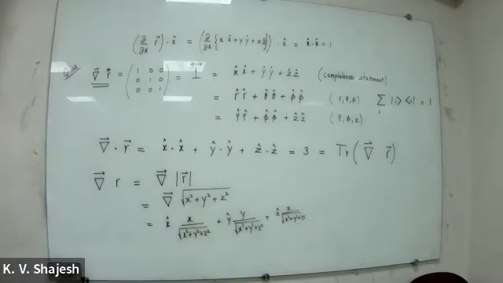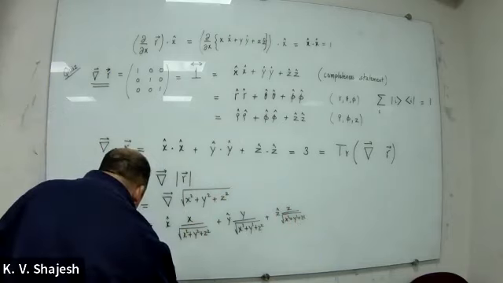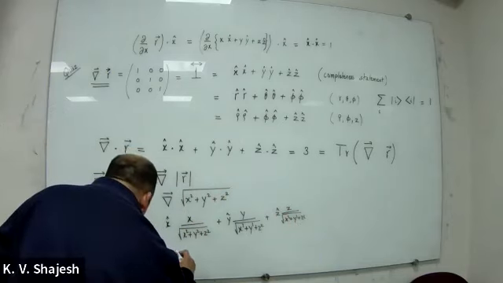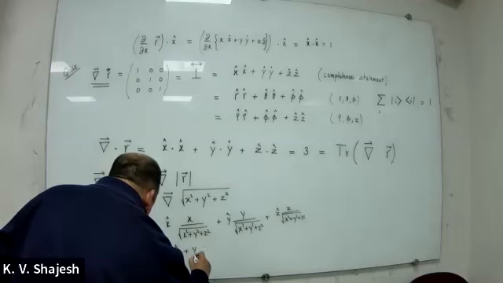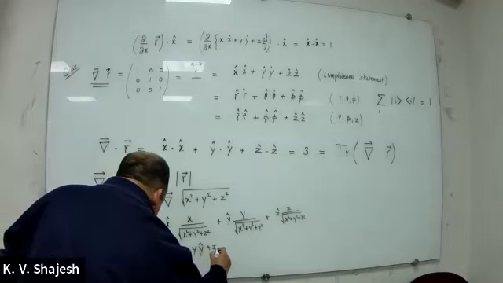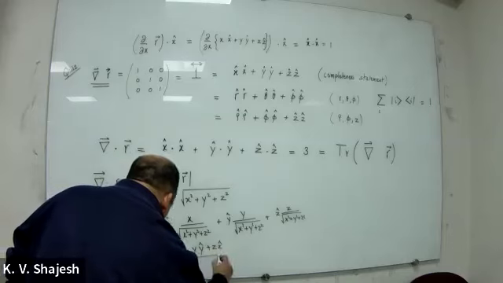But this probably you've seen in the homework. Let me write this more explicitly. This is x hat plus y hat plus z hat over x squared plus y squared plus z squared.